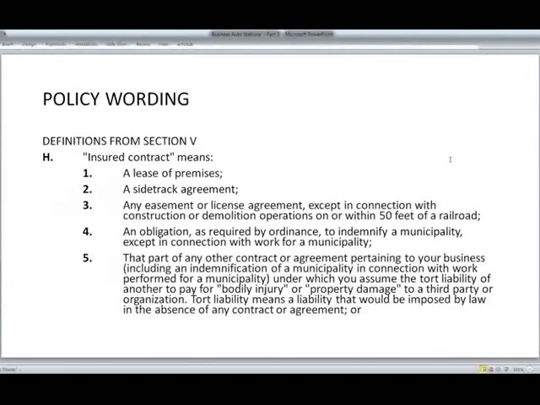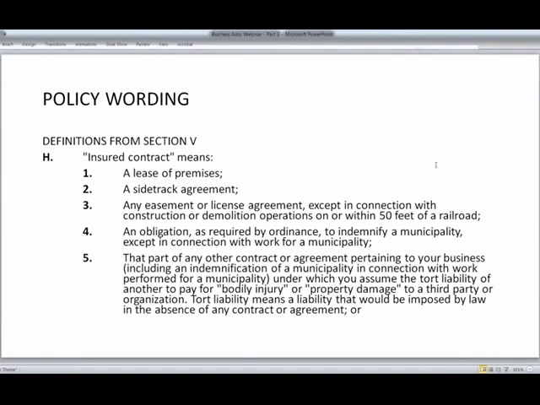So it's still an insured contract, but in situations where the states have an anti-indemnification statute, primarily in the construction arena and in the motor carrier industry, where you have shippers and motor carriers, and construction where you have general and subcontractors, those agreements are not enforceable by law. However, it is an insured contract.